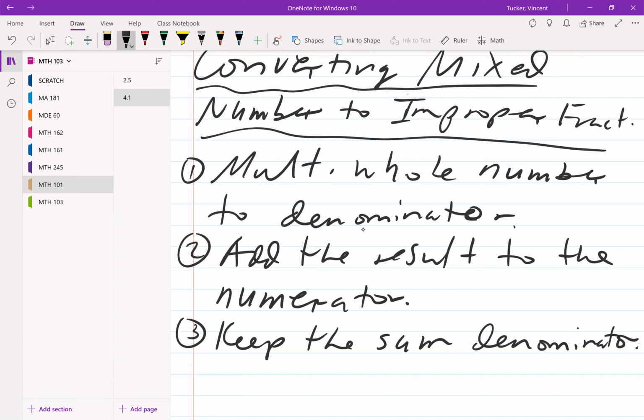Converting mixed numbers to an improper fraction. First thing we're going to do is multiply the whole number by the denominator. You're going to add the result to the numerator and then keep the same denominator.